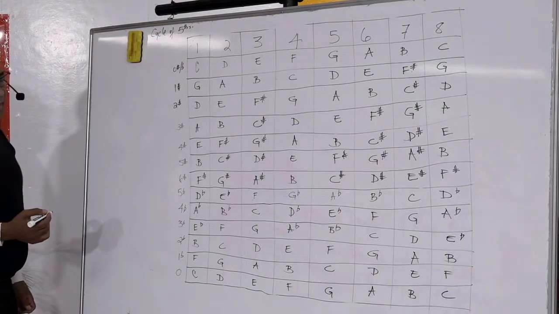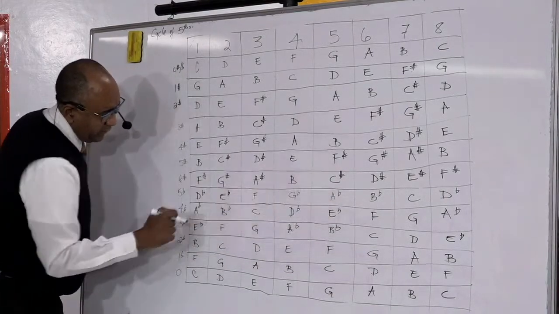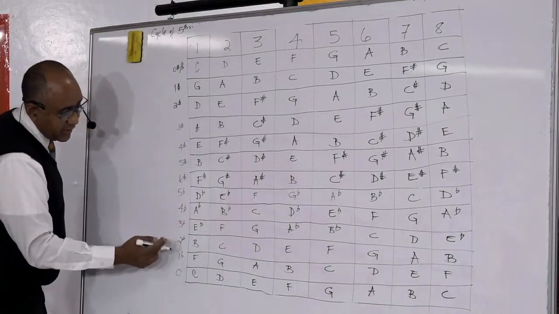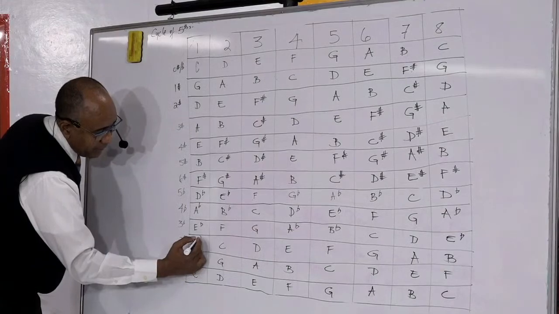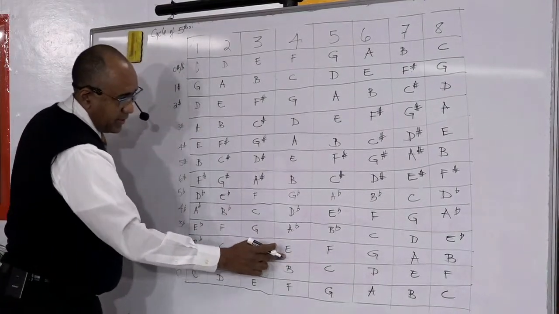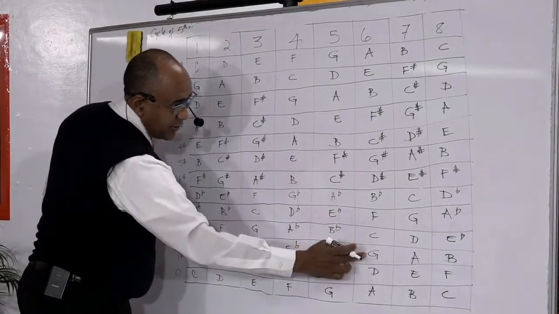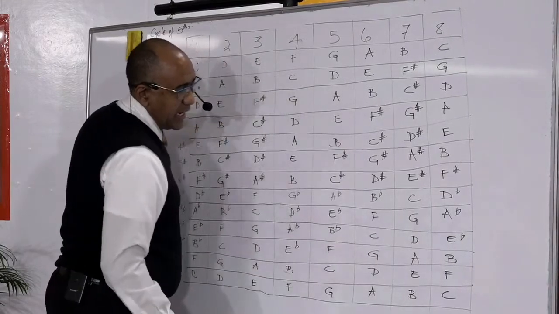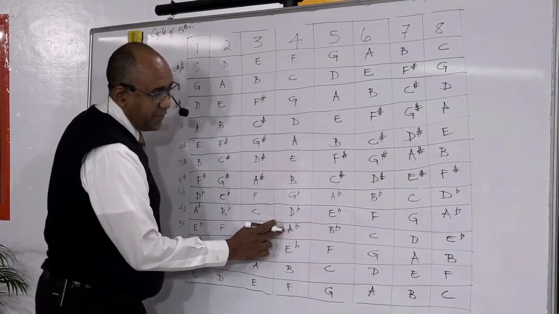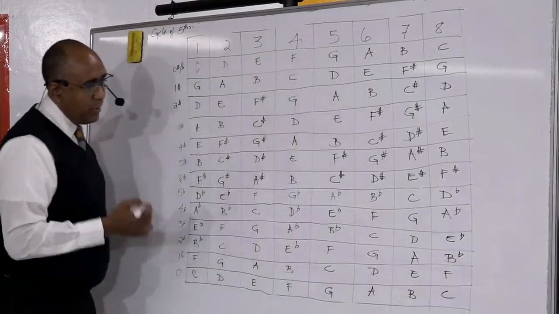So E flat has 3 flats. E flat, A flat, B flat. We can't count E flat again because E flat is already here. Now we have B flat. B flat, C, D, E comes back as E flat, F, G, and we remove the flat from A, so A now is, instead of A flat, A natural, and we end as we started, with B flat.